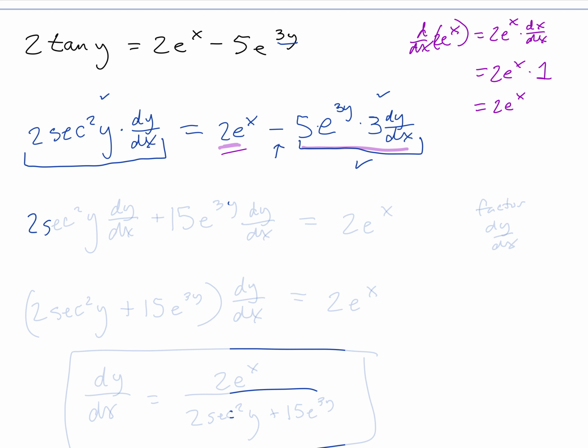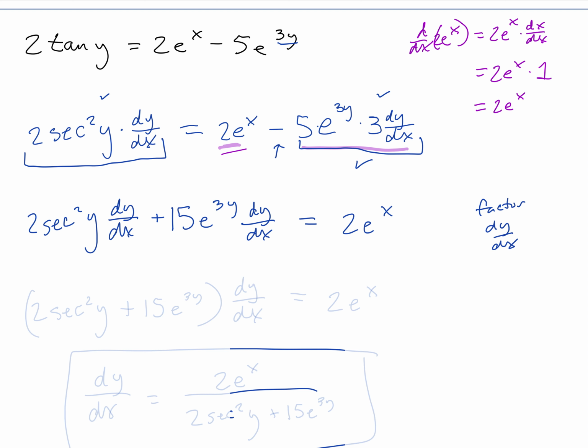We'll have 2 secant squared of y dy/dx plus 5e to the 3y times 3 dy/dx. 3 times 5 is 15. So that is equal to 2e to the x. Now, again, we're going to factor the dy/dx terms out of the left-hand side.